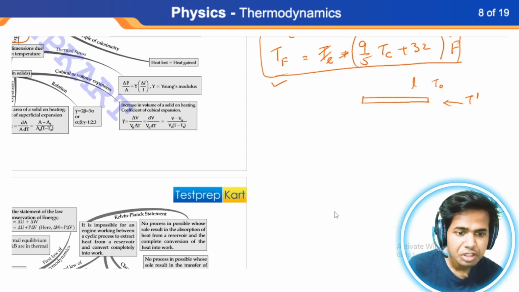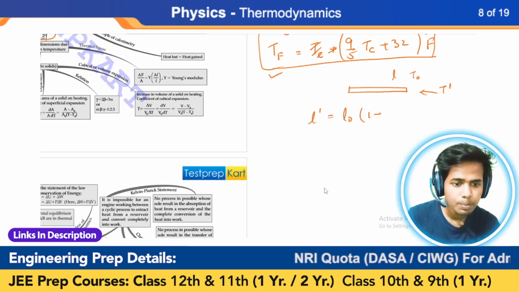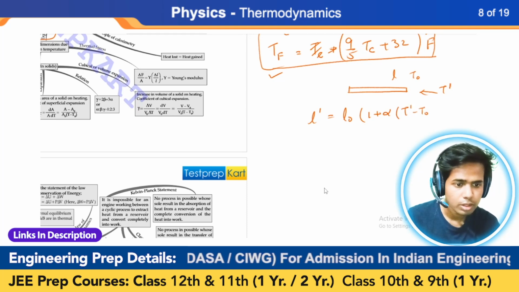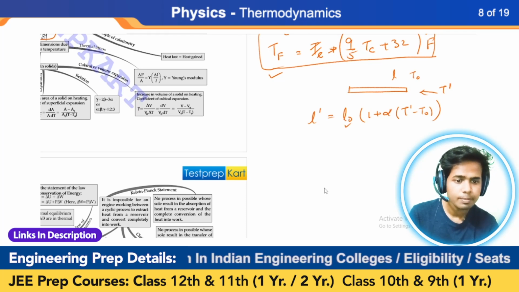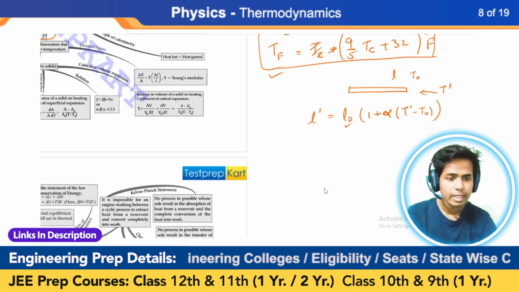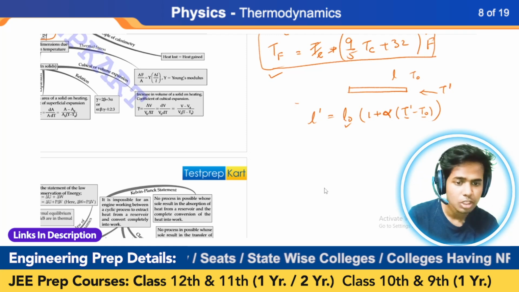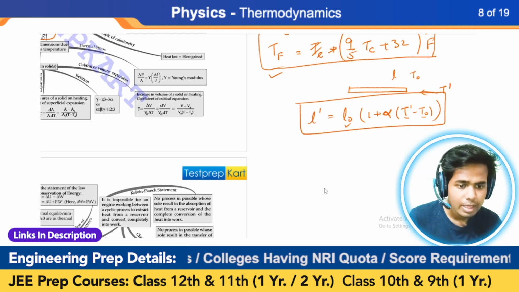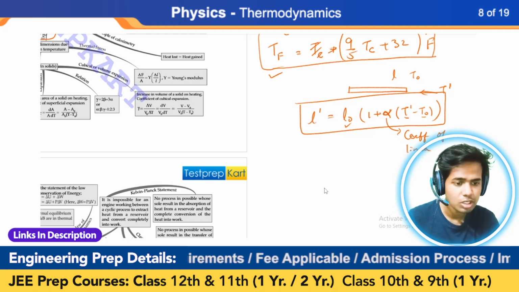Then the new length of the material L dash will be equal to L naught into 1 plus alpha into (T dash minus T naught), where L naught is the initial length and alpha is a constant which we'll talk about. T dash is the final temperature and T naught is the initial temperature. This is the formula which you should remember. Alpha is the coefficient of linear expansion, the coefficient of linear heat expansion.